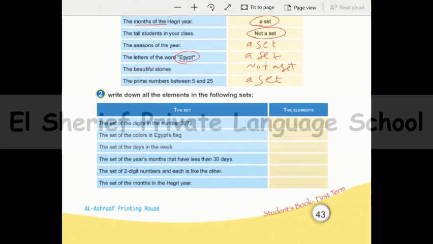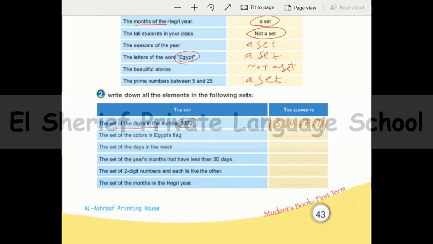Exercise number 2: write down the elements. We need the elements of the set of digits of the number 3072. Each one is called an element. So the elements are 3, 0, 7, and 2, and between one element and another we put a comma.